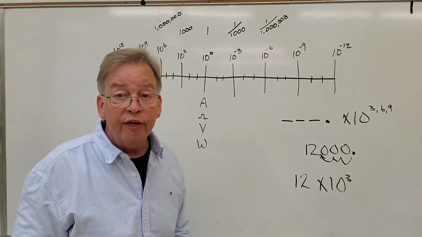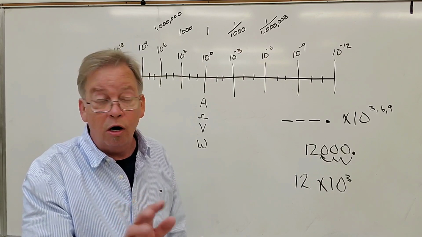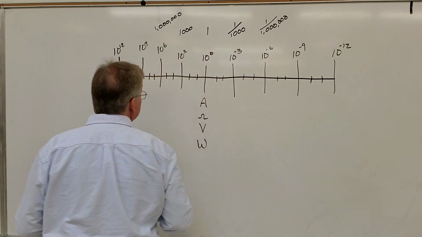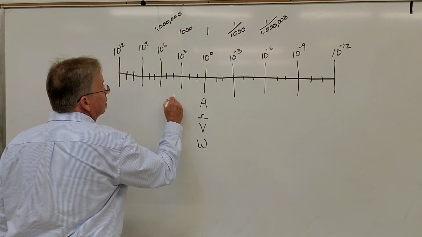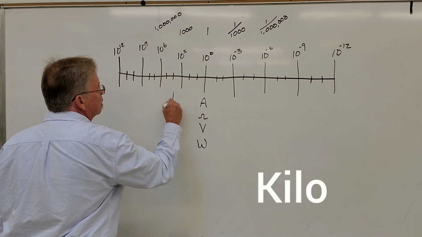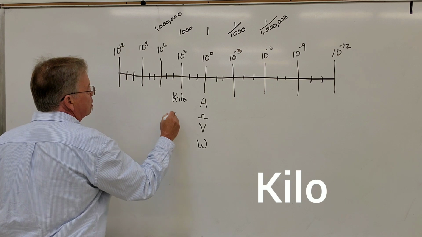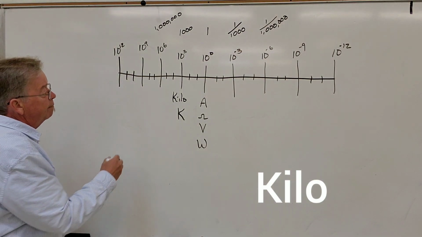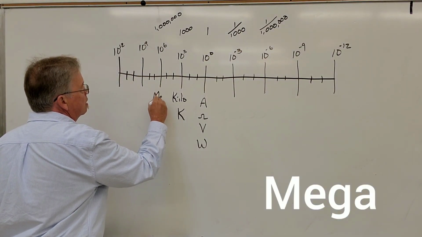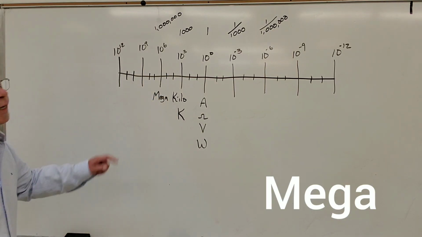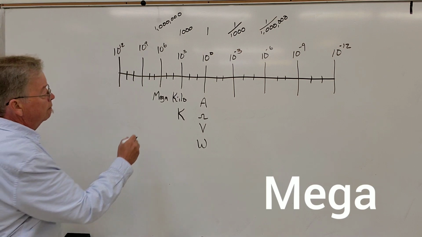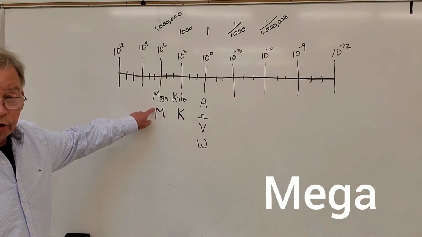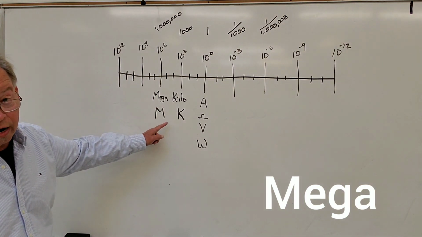So those metric prefixes, as they fall on the number line: ten to the 3rd is known as kilo, and we have a capital K. 10 to the 6 is known as mega, and we use a capital M. Now look, we're going to use a lowercase m coming up, and it's going to have rounded tops.